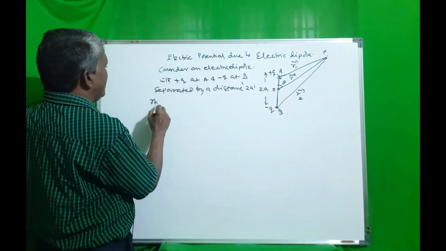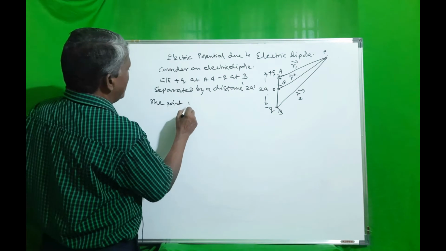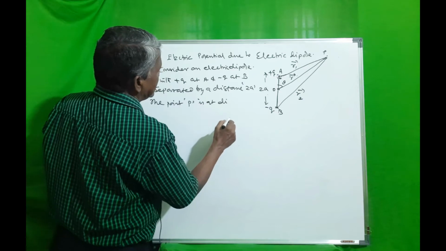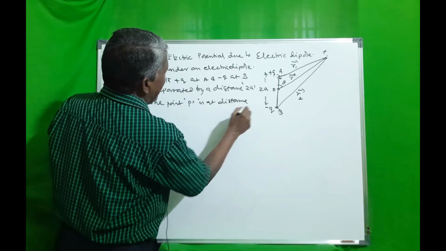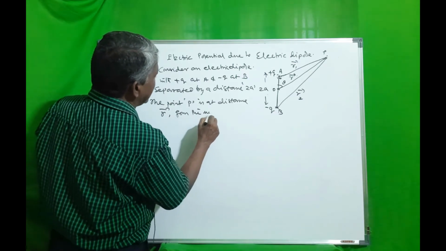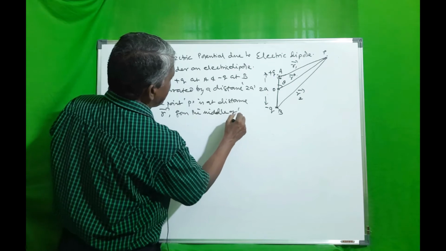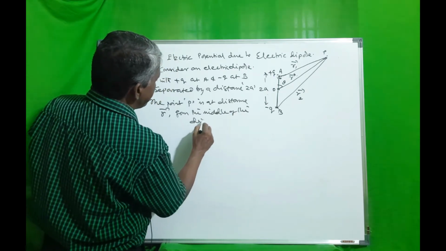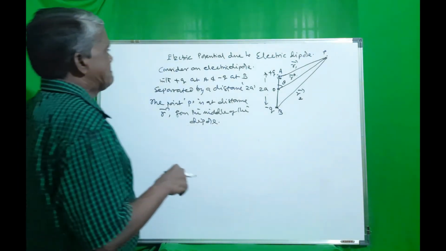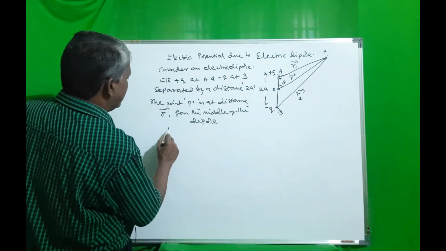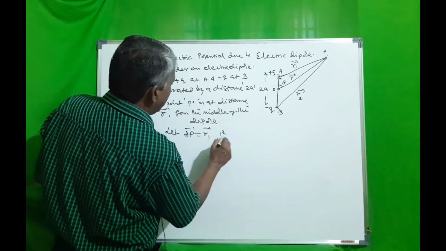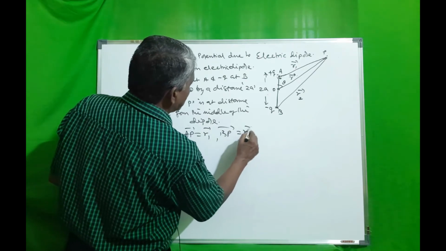The point P is at a distance R from the middle of the dipole. Let AP be equal to R1 and BP be equal to R2.